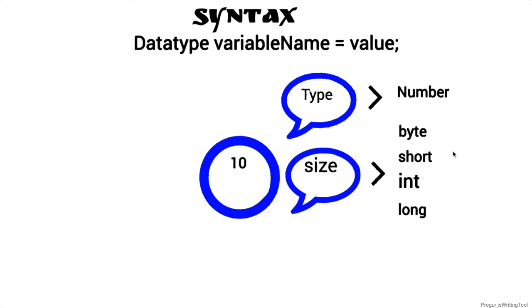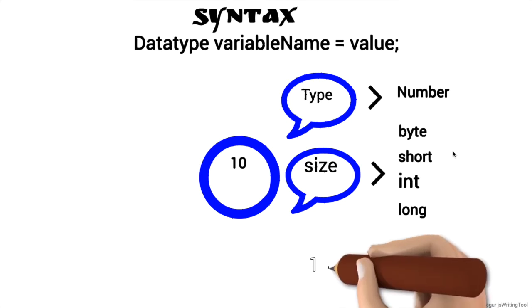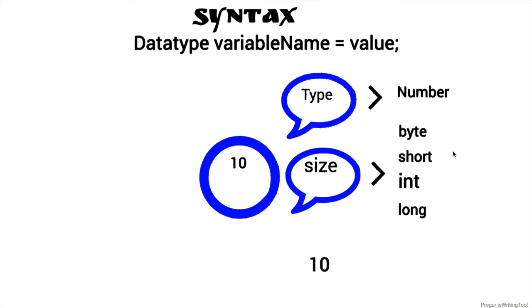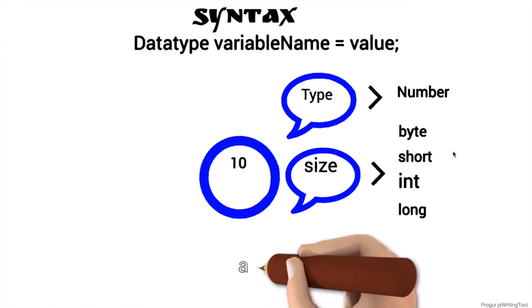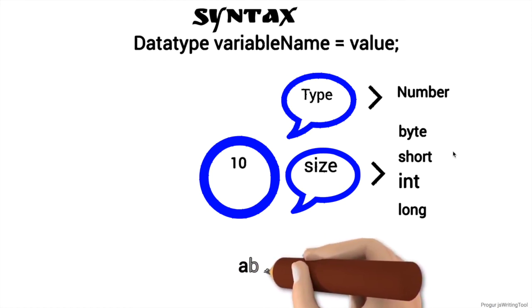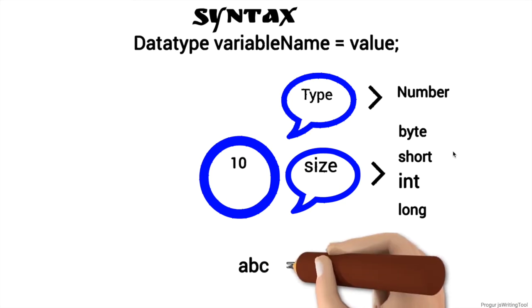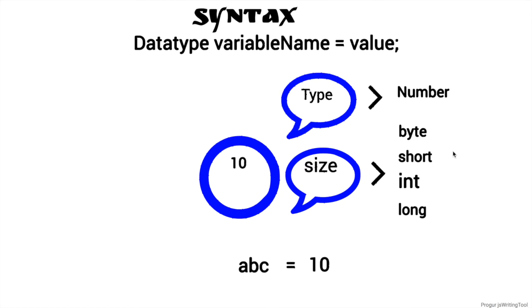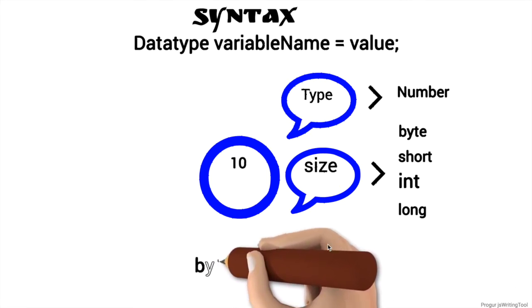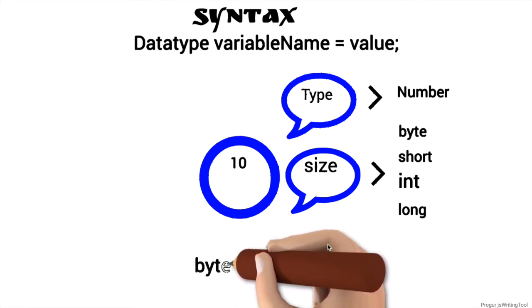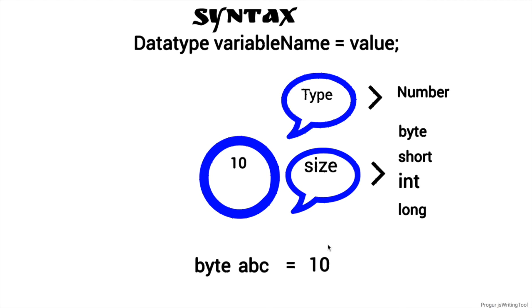So write it over here, A, B, and C. I want to have an equal sign, so ABC equals 10, and I want to store this number with the byte type. So we can say byte ABC equal to 10.